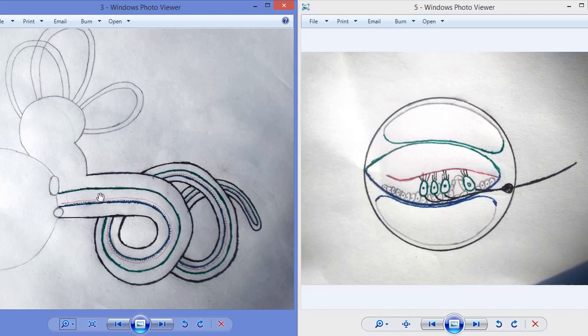From the endolymph, this vibration is transferred to the tectorial membrane, and as the tectorial membrane is connected with the hair cell, the tectorial membrane transfers this vibration to the cilia of these cells.